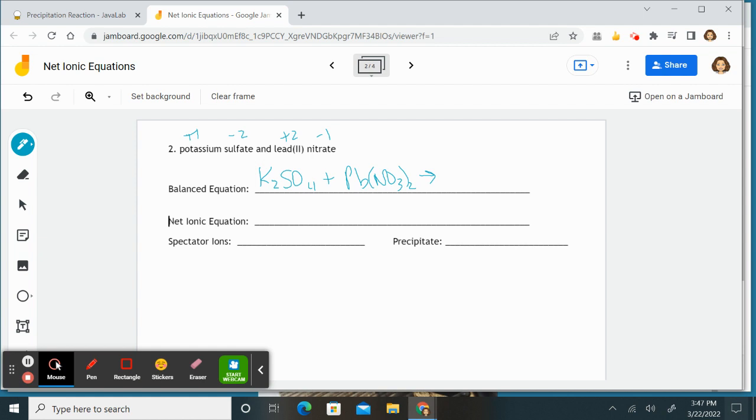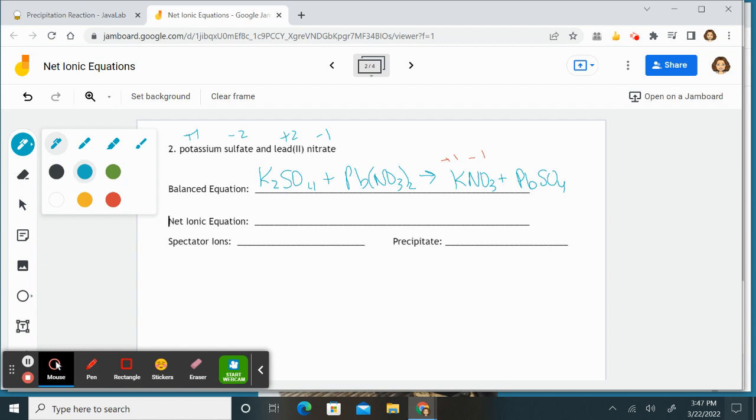Again, our metals are going to trade partners, so potassium is going to combine with nitrate, and again, we use our charges. Since potassium is +1 and nitrate is -1, we do not need subscripts. All right, and then our lead combines with our sulfate, right?